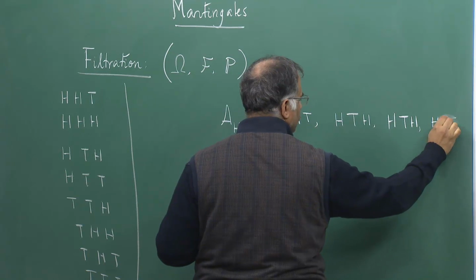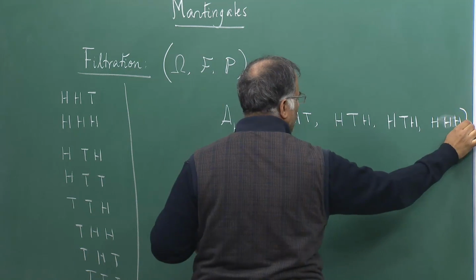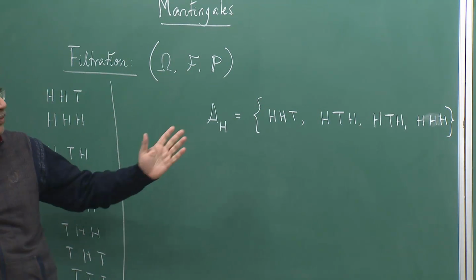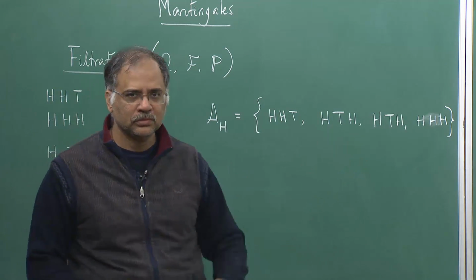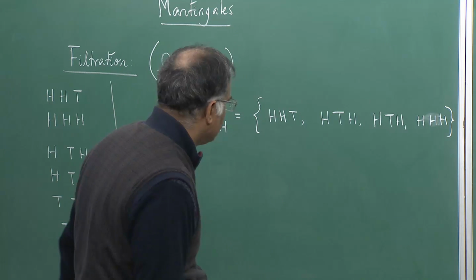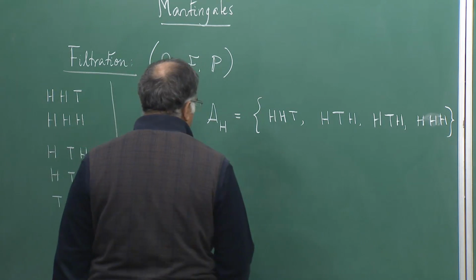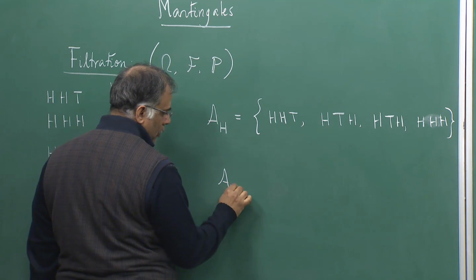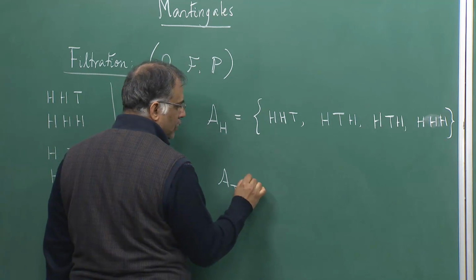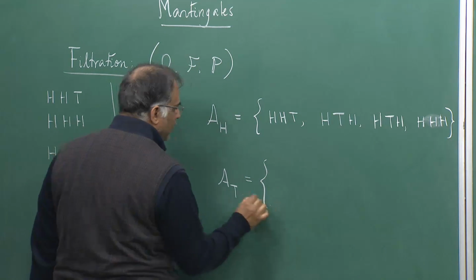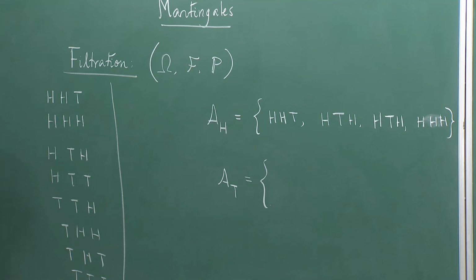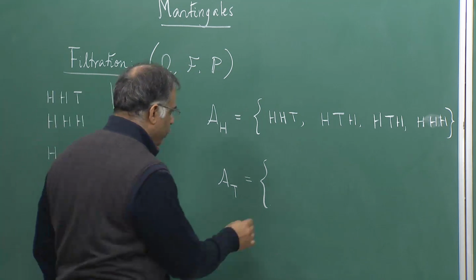Once I know that the first coin is head, there are only these possibilities that can occur. If the first coin comes out to be tail, then these are the possibilities.